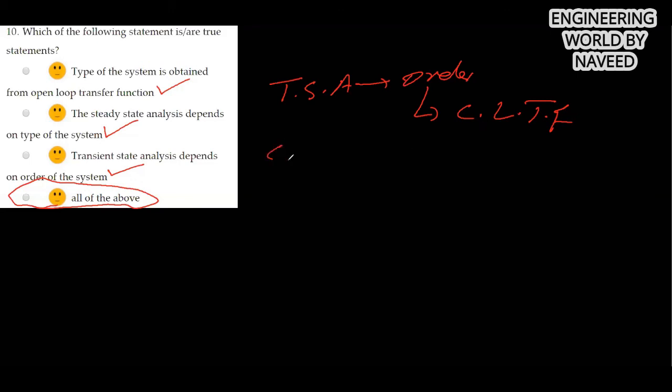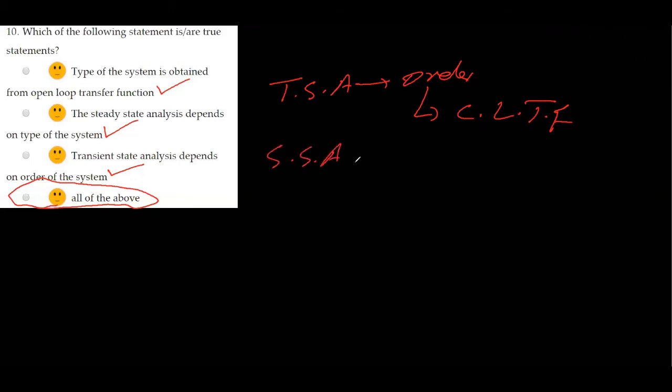The steady state analysis depends on the type of the control system. The type of the system is obtained from the open loop transfer function, and the number of open loop poles occurring at the origin determines the type. We find the order from the characteristic equation of the closed loop transfer function, and we find the type from the number of poles occurring at the origin.